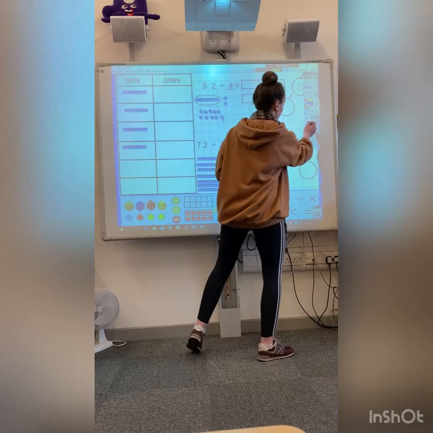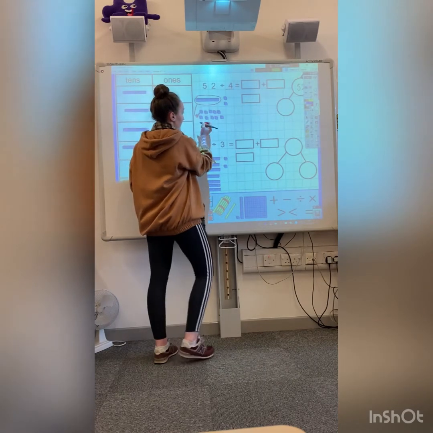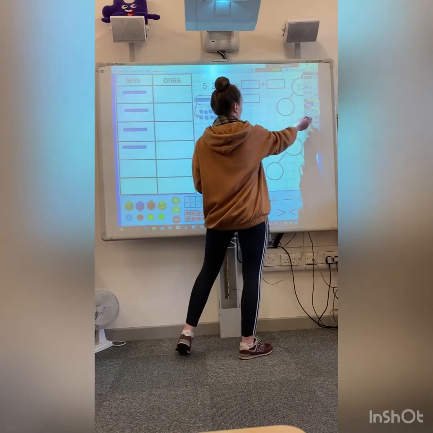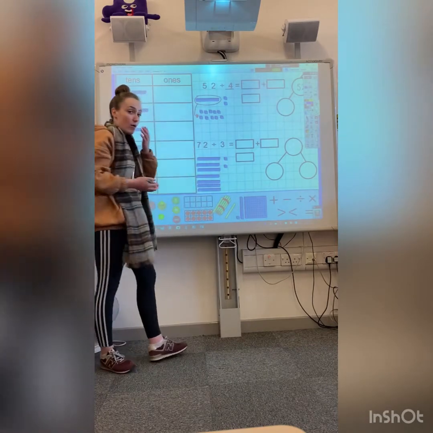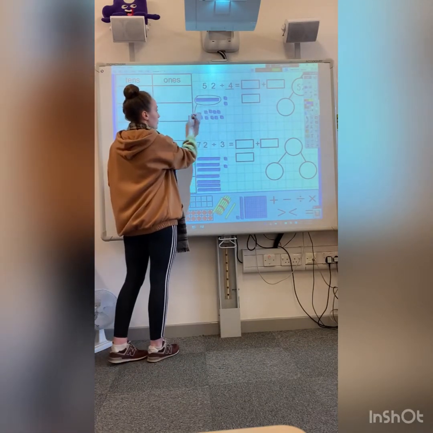Okay, so I've changed it for 10 ones. And then that will give me 12 ones in total. So now I can share that into 4 groups because we know 12's in the 4 times table. So I'm going to put 1 in here.